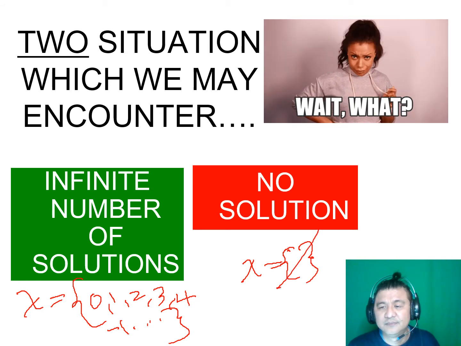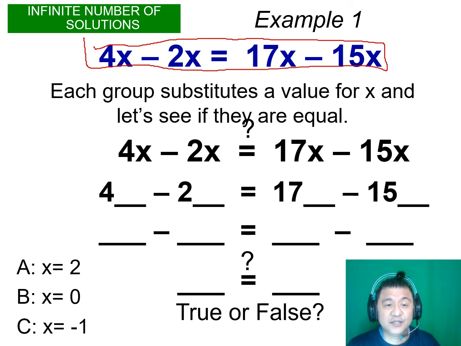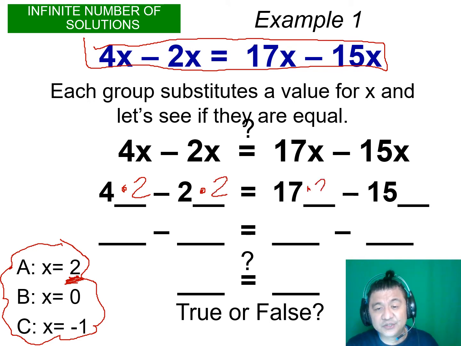All right? So given this equation, we're going to substitute different possible solutions. Okay? So let's start by substituting with 2. So 4 times 2, we are evaluating. Suppose you already know the answer is 2.